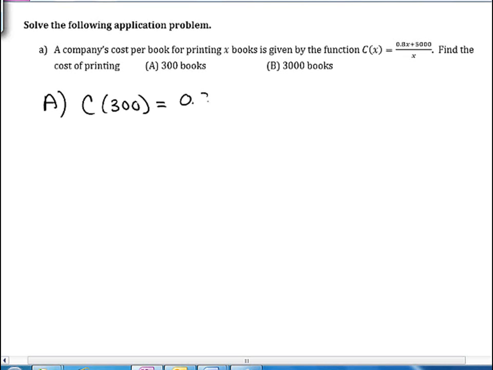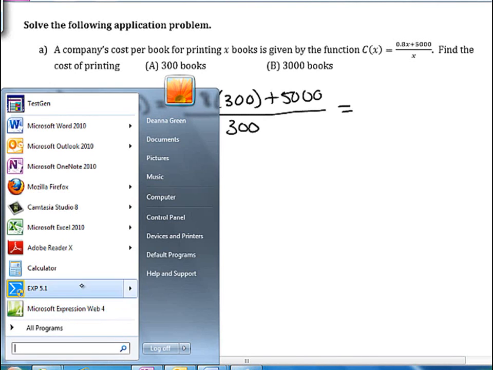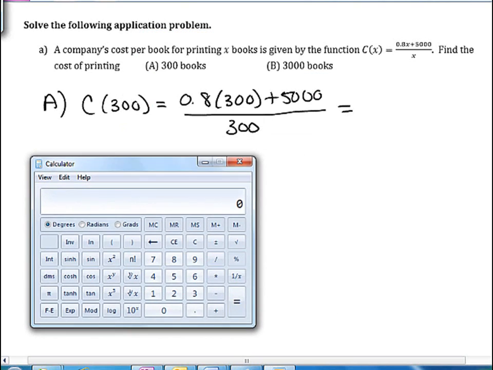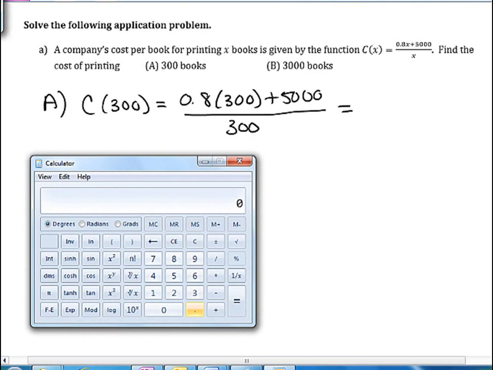And that will be 0.8 times 300 plus 5,000 divided by 300. So we can compute that on our calculator. So it will be 0.8 times 300.